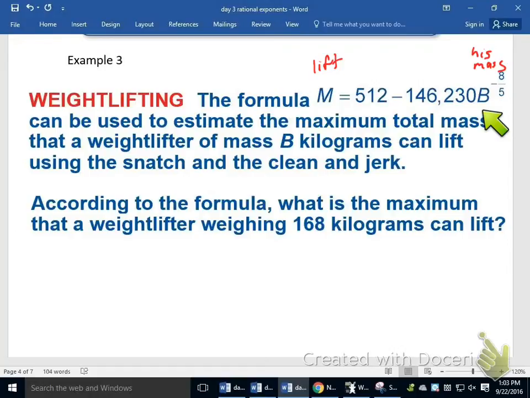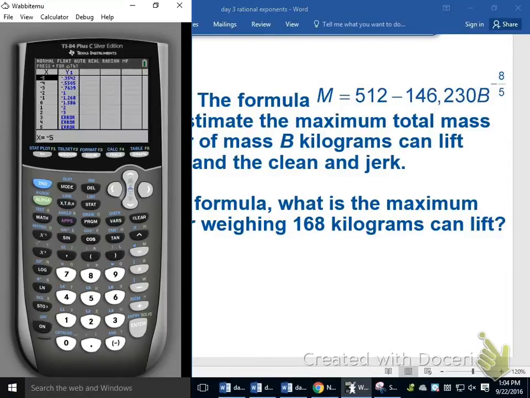And you know what? Since it's already solved for M, I'll just type all this mess into my calculator. So I'm going to go ahead and grab my calculator and type in the 512 minus 146,230 times his mass, again being 168, raised to the negative 8/5.